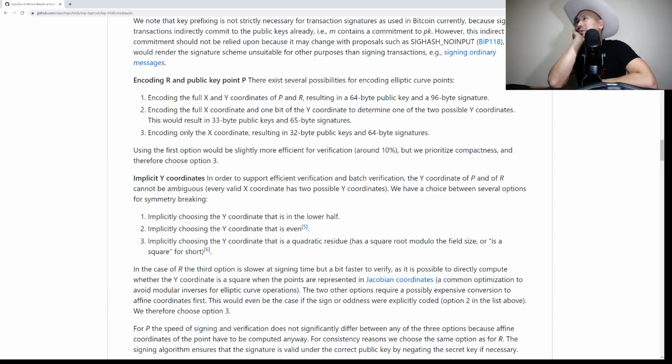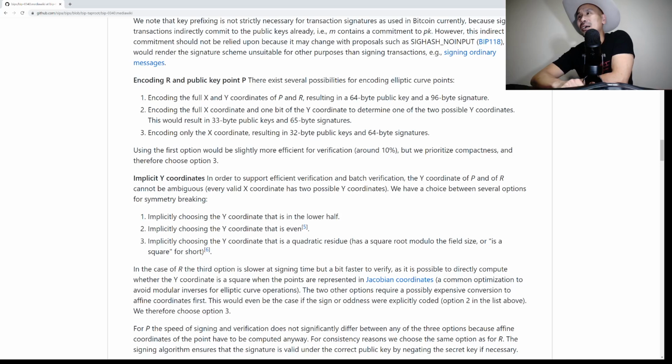Implicit y coordinates. In order to support efficient verification and batch verification, the y coordinate of P and of R cannot be ambiguous. Every valid x coordinate has 2 possible y coordinates, and this is because the elliptic curve is symmetric over the x-axis. We have a choice between several options for symmetry breaking: implicitly choosing the y coordinate that is in the lower half, implicitly choosing the y coordinate that is even, or implicitly choosing the y coordinate that is a quadratic residue, has a square root modulo the field size, or is a square for short.